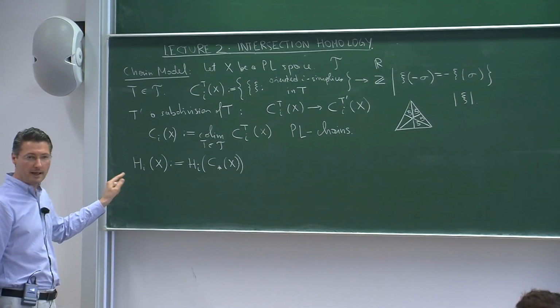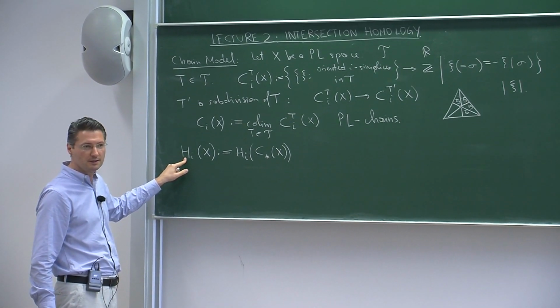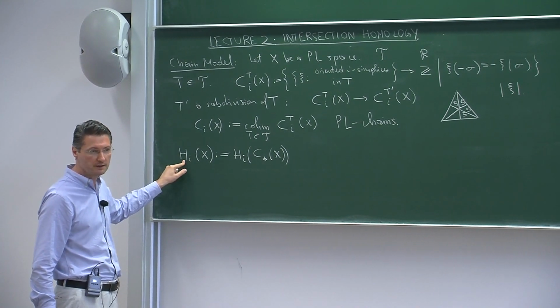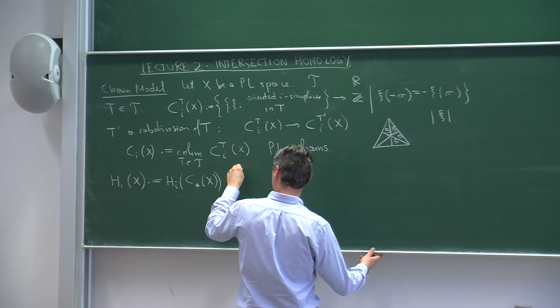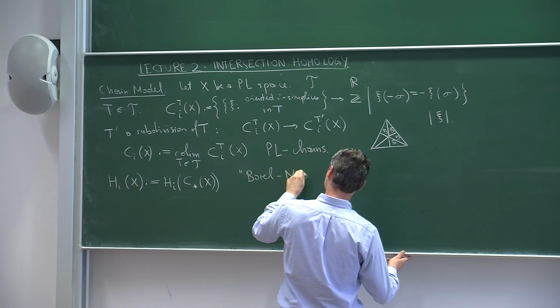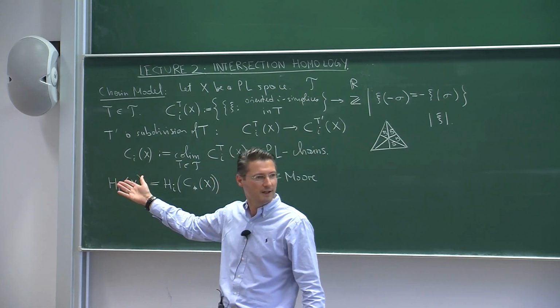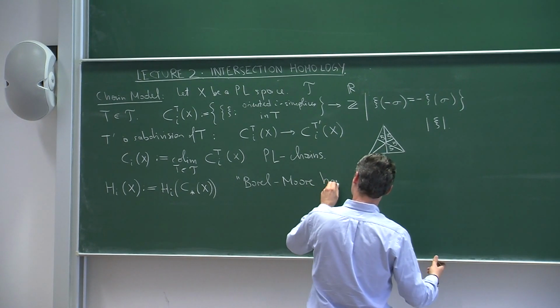But again, be careful, this is not the ordinary homology. This is not a homotopy invariant because I'm using infinite chains. So this is sometimes called in the literature Borel-Moore homology. But I don't want to decorate it with BM all the time, so I call that H_i, Borel-Moore homology.